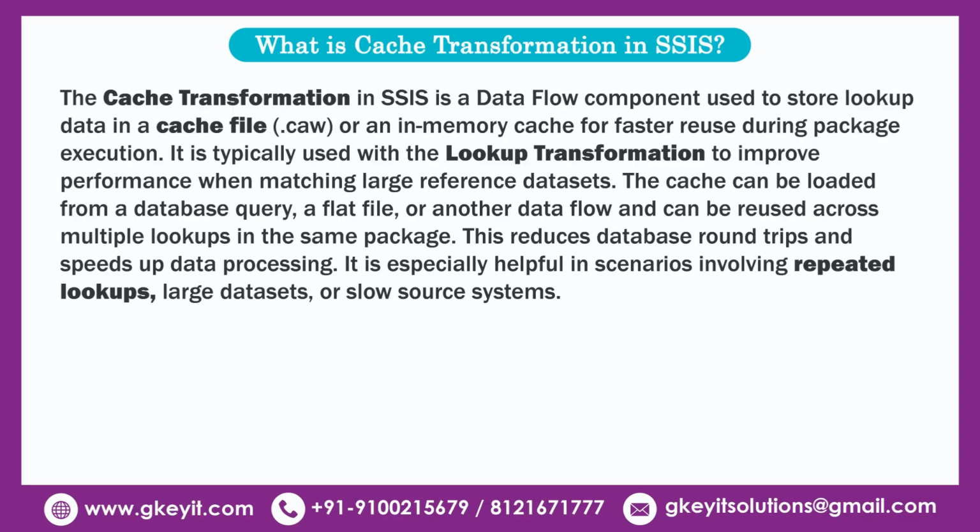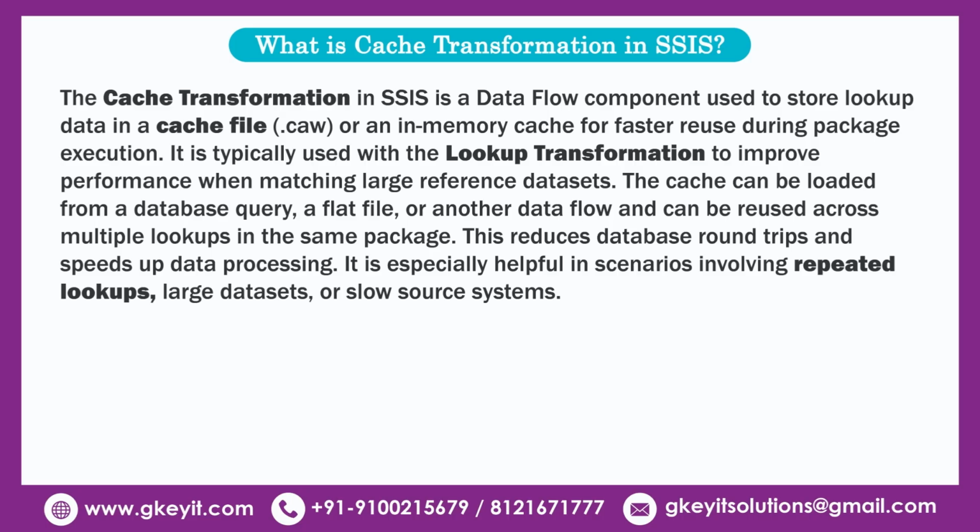The cache can be loaded from a database query or a flat file or another data flow and can be reused across multiple lookups in the same package. This reduces database round trips and speeds up data processing. It is especially helpful in scenarios involving repeated lookups, large datasets, or slow source systems.